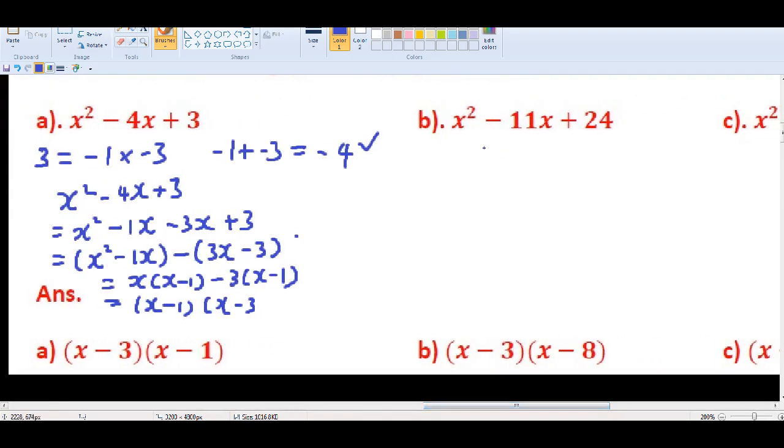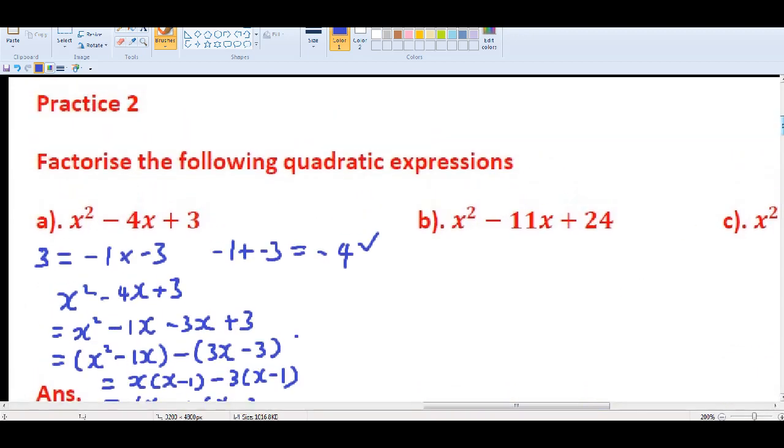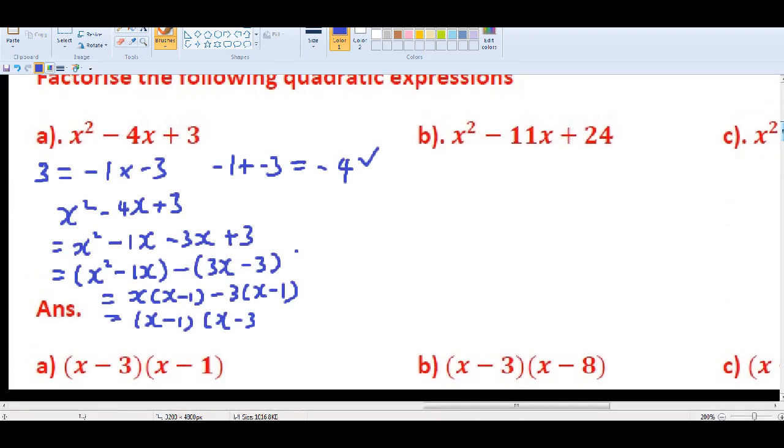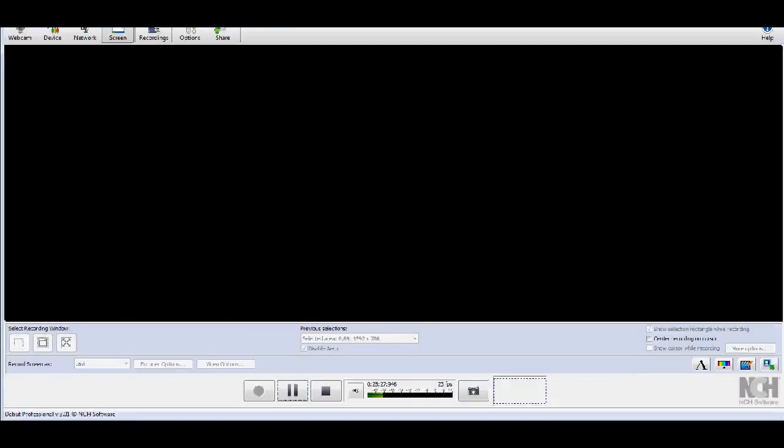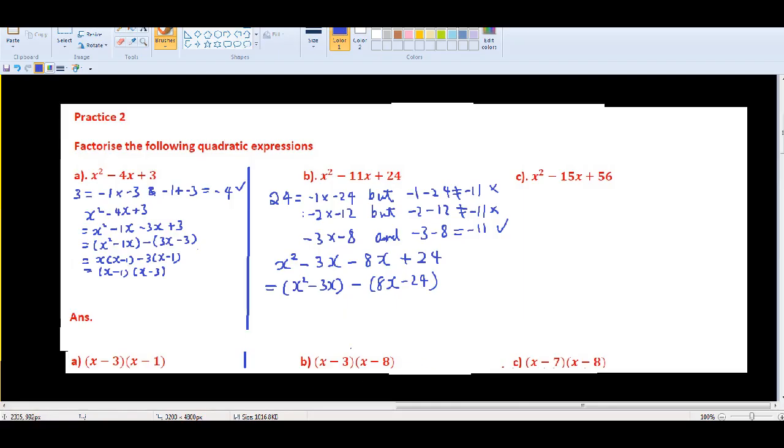So let's do B. I'm going to give you some time to do B. Think about this. So that is what you should see. You need to find a pair of numbers whose product is 24, and the pair of factors you choose must be negative, because the middle term is negative.